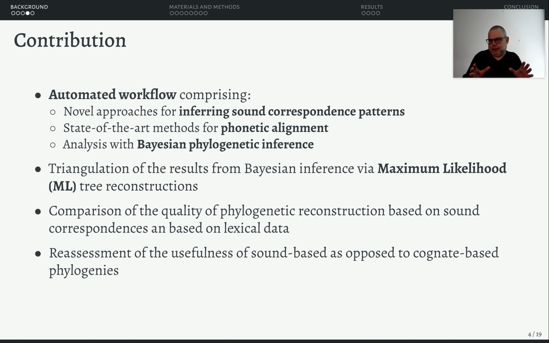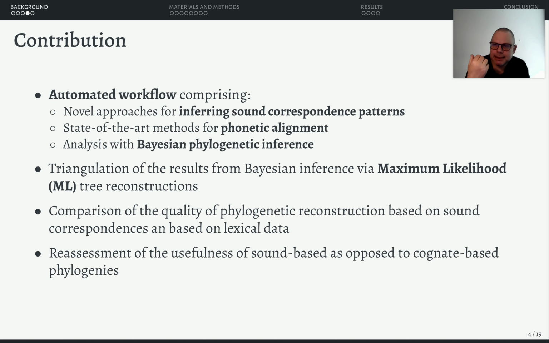So we figured it should be possible to take this basic intuition of neogrammarian linguistics and implement it in a phylogenetic inference setting. For this, we need data regarding sound correspondences, and we applied a novel approach for inferring sound correspondence patterns automatically. Then we used the state-of-the-art method for phonetic alignment, and we fed the result into Bayesian phylogenetic inference.